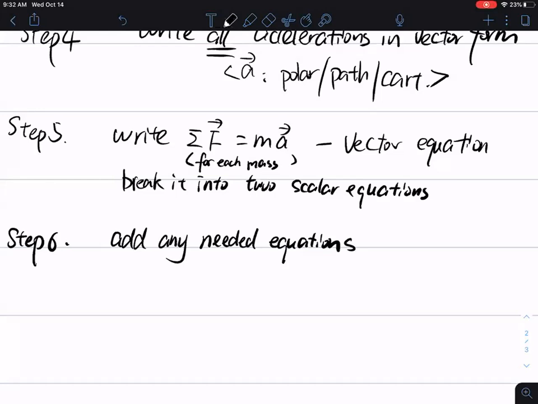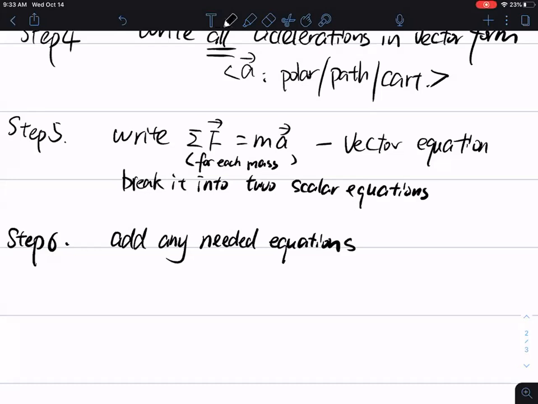Okay, it's easier to say add any needed equations, but where to find those equations? Why do we need more equations? In step 5, we already have 2 scalar equations.